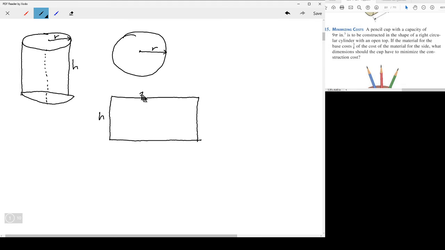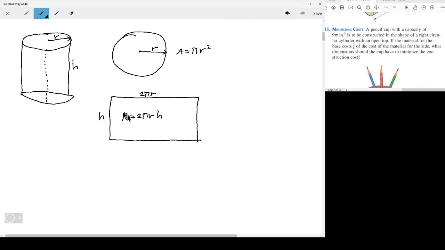So the length of this is 2 pi times the radius. The amount of material is the area of a rectangle, which is base times height, so it's 2 pi R times H. The area of the circle is pi times the radius squared.